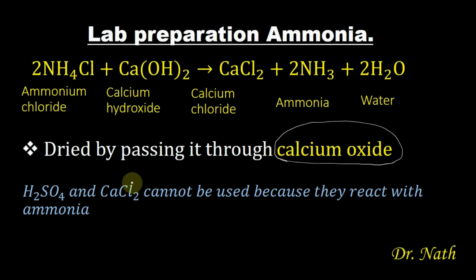And it can also come as a question: why is it that tetrasulfuric acid and calcium chloride, which are usual drying agents in chemistry, cannot be used in drying ammonia? They cannot be used because they react with the gas, which is ammonia. So that is the reason you cannot use tetrasulfuric acid, and that is also the reason you cannot use calcium chloride.